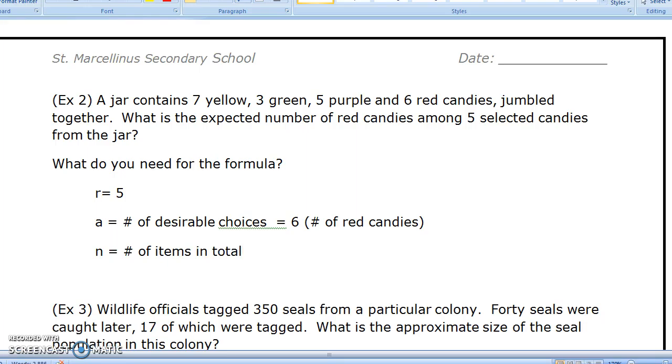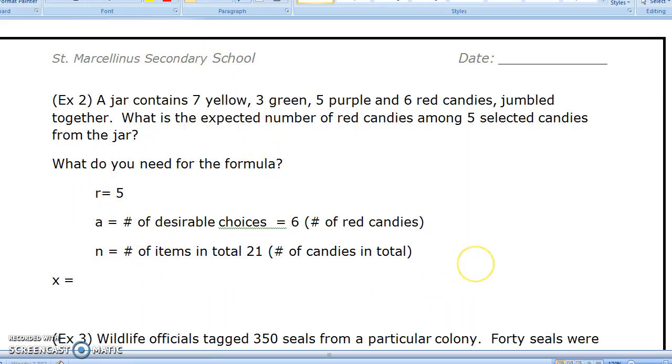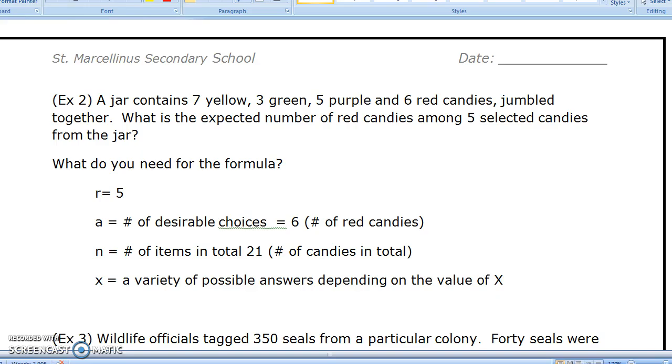You can see here we have 7 plus 3 plus 5 plus 6 is 21, which is our number of candies in total. We cannot decide on a value for x, remember, because x is equal to a variety of possibilities depending on the value of big X we are investigating.